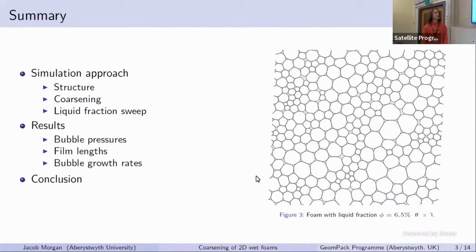In the talk, I'll begin by talking about the simulation approach, which will be familiar to those of you who attended the talk last Thursday by Mark Shattuck, because it uses the same approach. I then talk about the implementation of an approximation for coarsening within that model, and then look at the results, including some analytical modeling that helps to interpret the simulation results.